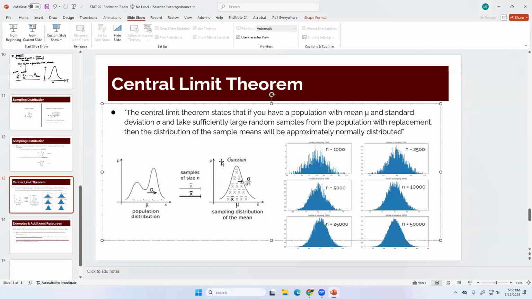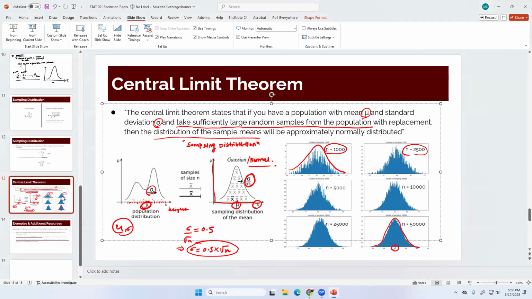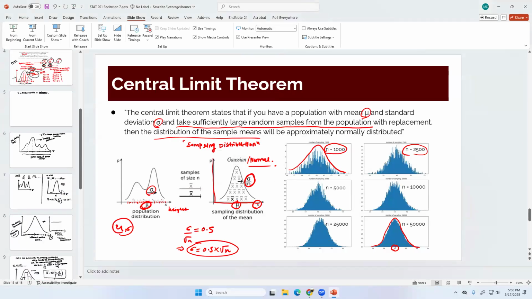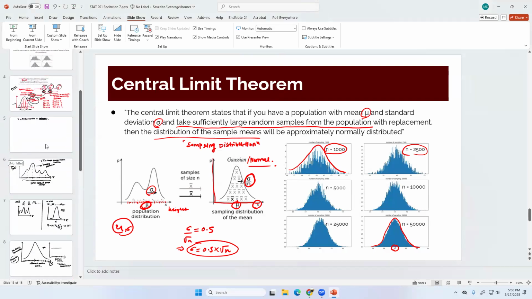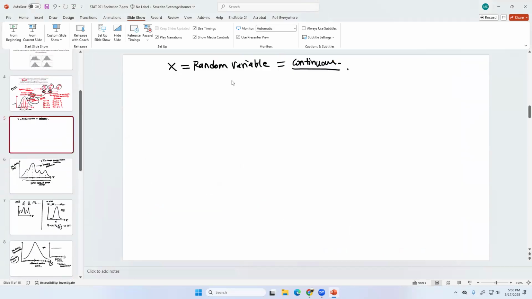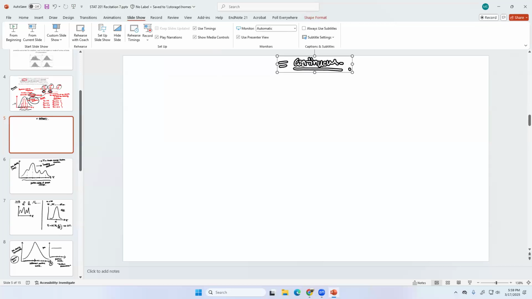So this is largely the idea of central limit theorem. Now there are some other cases that I want to discuss.